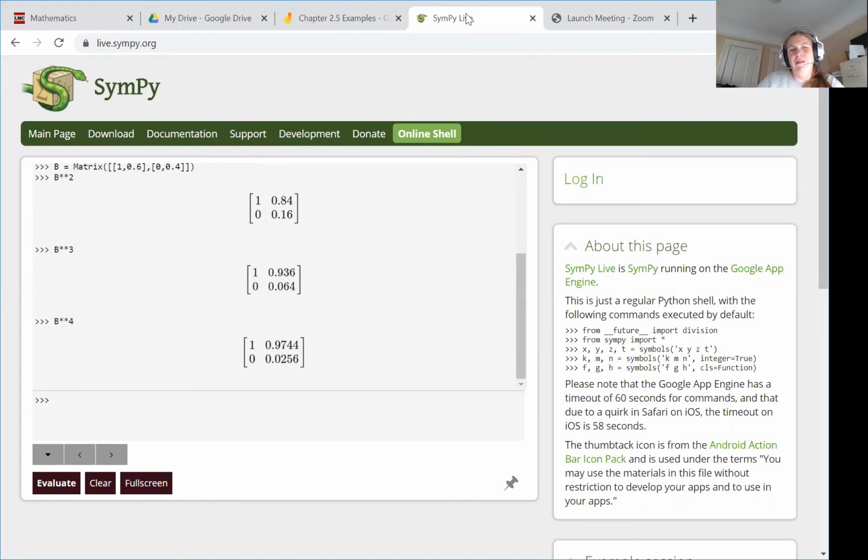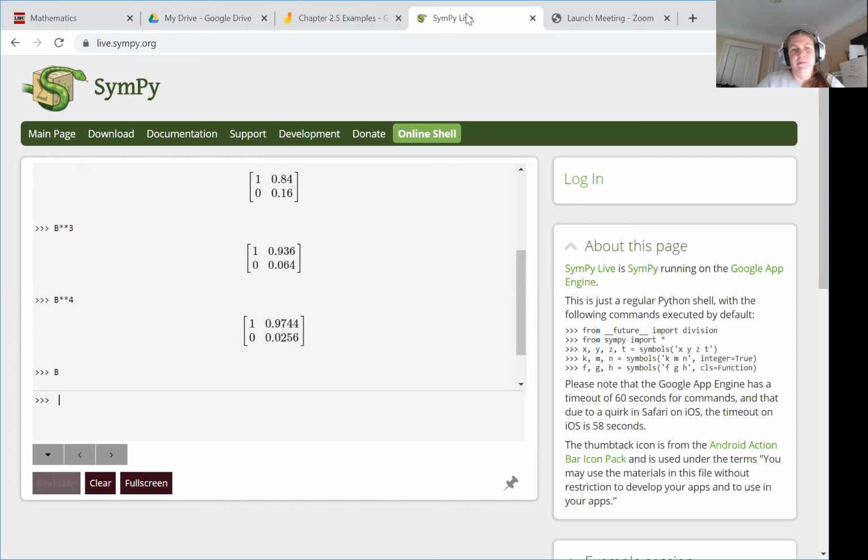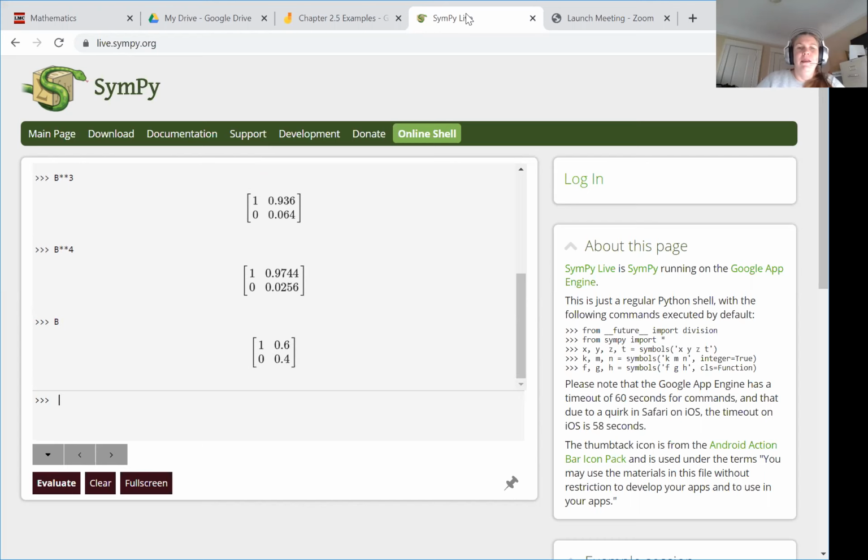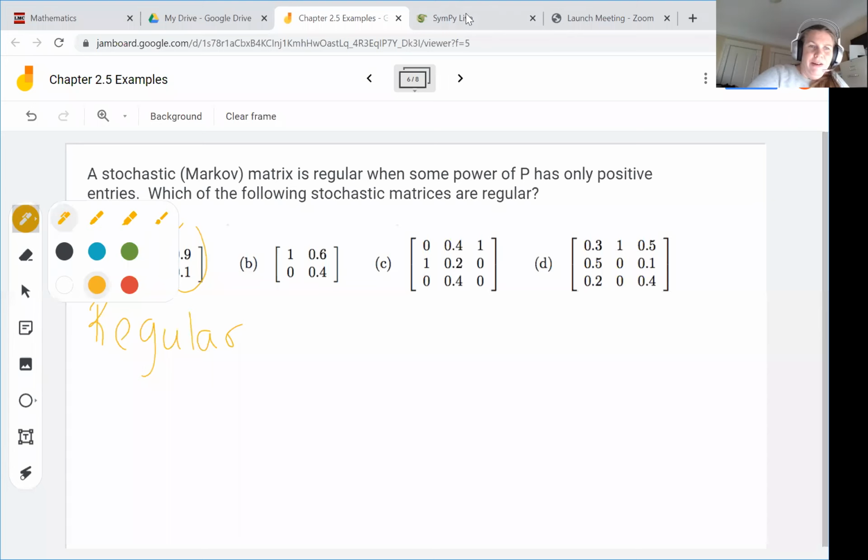So if you think about how this matrix multiplication is working when you're multiplying these successive powers of B, think about the 1 and the 0 in the first column. Let's just write it out instead of me trying to describe it.